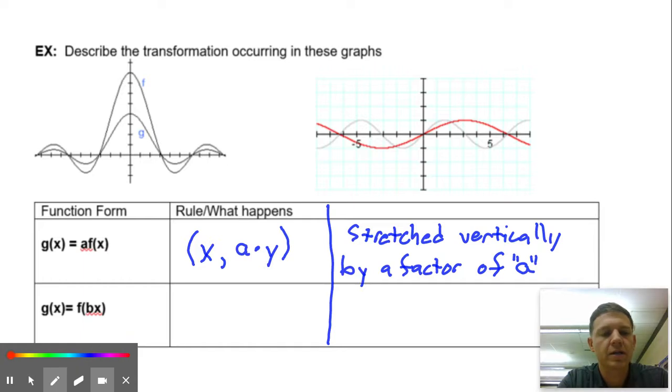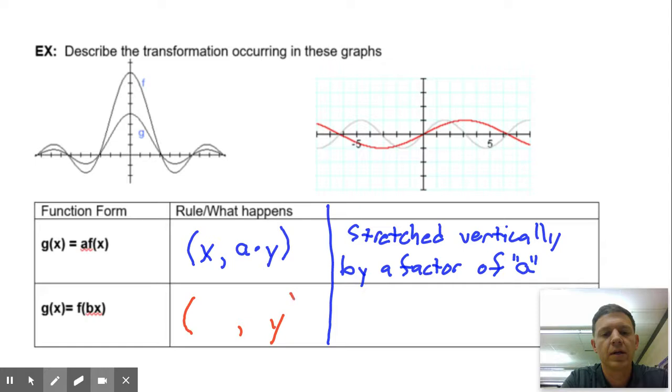For the second function form, the graph to the right with the red curve, it's a little bit trickier. Our rule: the y stays the same, and because the b is inside of the parent function, right next to the x, what we actually do is multiply our x by a factor of 1 over b.